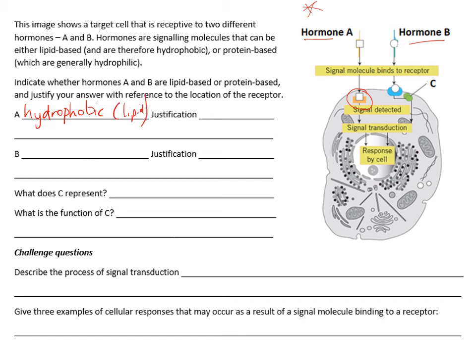And the reason for that is because it is able to bind with a receptor inside the cell. So you would need to make a bit of reference there. It's able to bind with a receptor in the cell, so it must be hydrophobic.